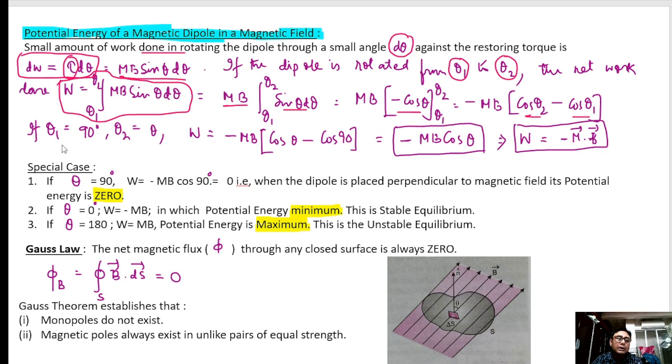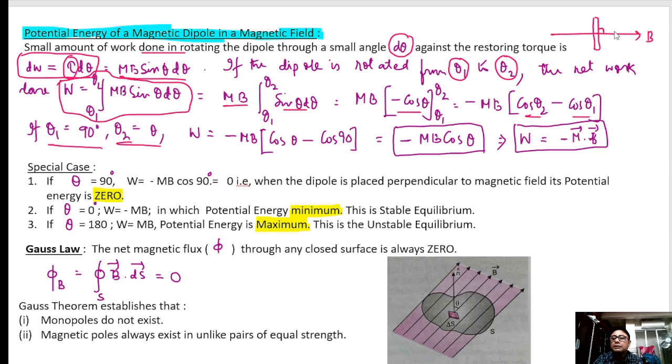Now if theta 1, the initial angle, is 90 degrees and theta 2 is the angle theta, that means from 90 degrees it has been turned to an angle theta. Please watch here, the bar was like this, and this is the magnetic field.